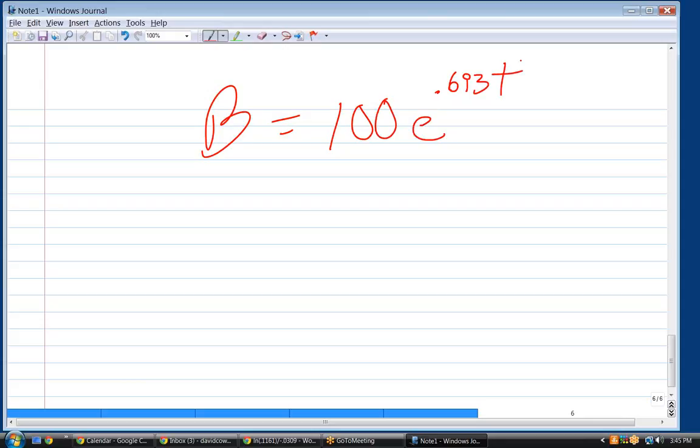Same as my book. What was the initial number of bacteria present? So at 0, would it be 100? Yep. How many bacteria are present after 6 hours?